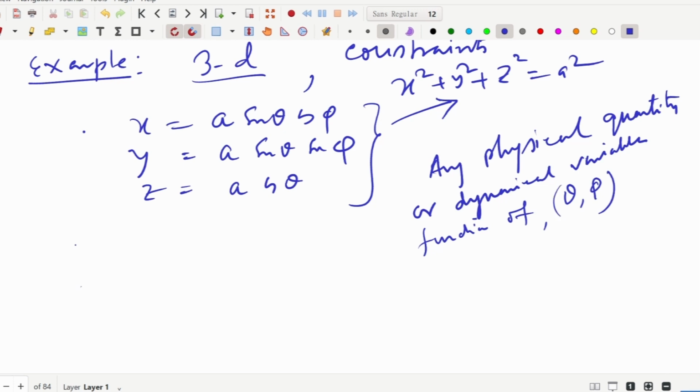So in this example, the generalized coordinates are theta and phi. So theta and phi are generalized coordinates.